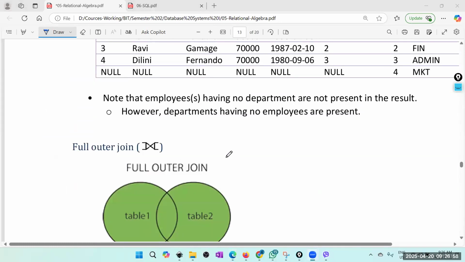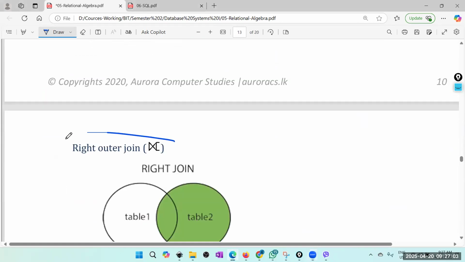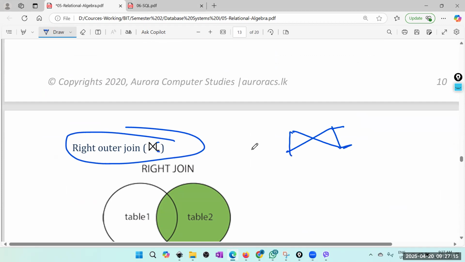So the next one is right outer join. So now you can see on the right side we have an opening, not the left side. So that is why we say left and right matter now, right? So this is my right side. So this is how you get right outer join.